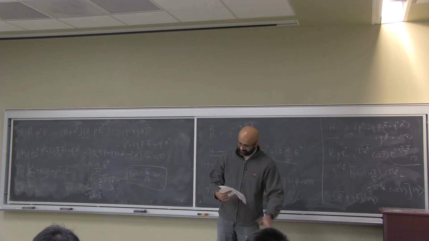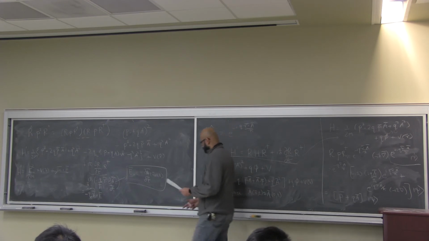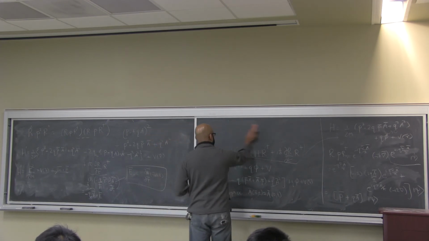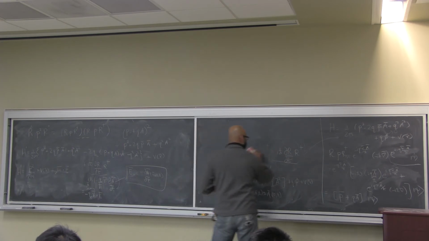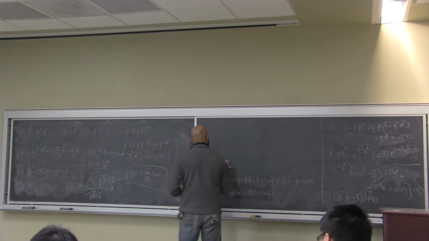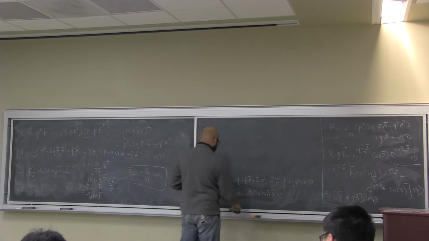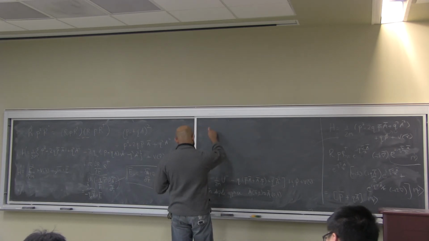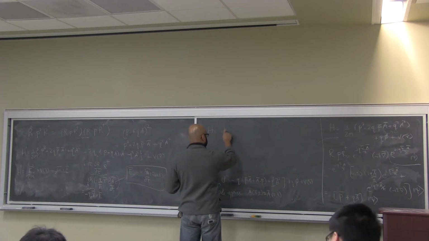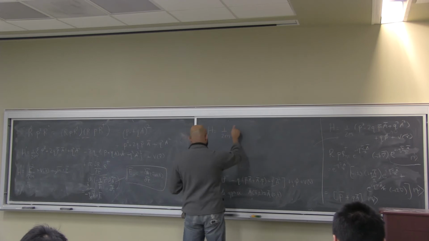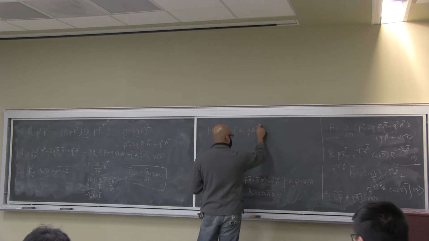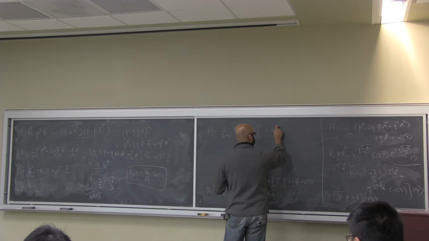I should mention that in some textbooks you will see the interaction written this way, which is not gauge invariant. The question is maybe also related to what Chen Shu had asked, which is, suppose you apply the Coulomb gauge right here.